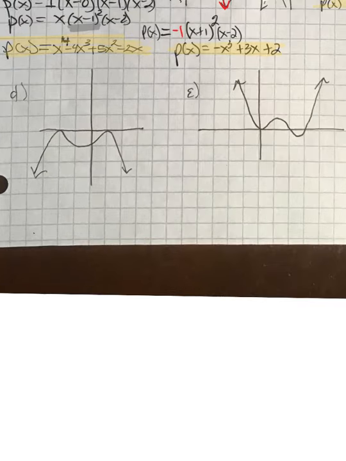Okay, so for letter D, we have our x-intercepts. Notice it bounces twice, and notice that the W is headed down. So did you remember the leading coefficient had to be negative?